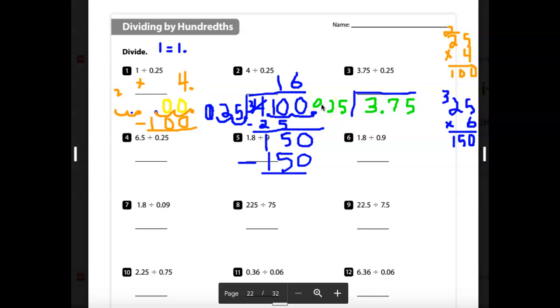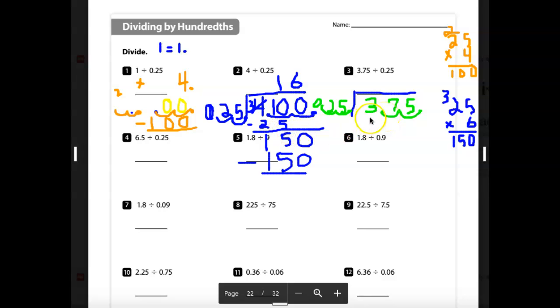We can't have them there, right? So we have to move this decimal over to the end of the number and make it 25. And our rule is whatever we do over here, we have to do over here. Okay? So now we've really got how many 25s are in 375.